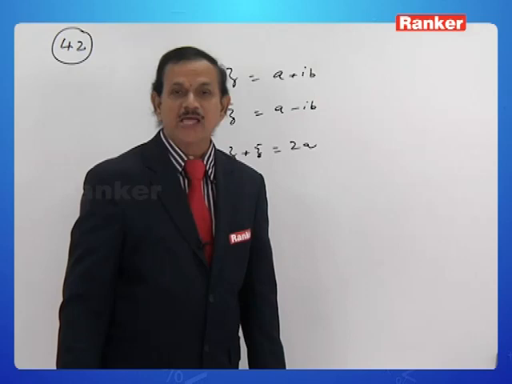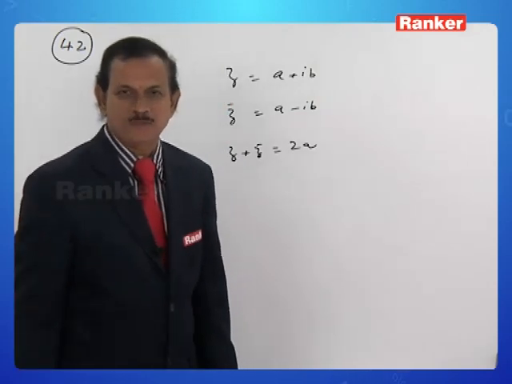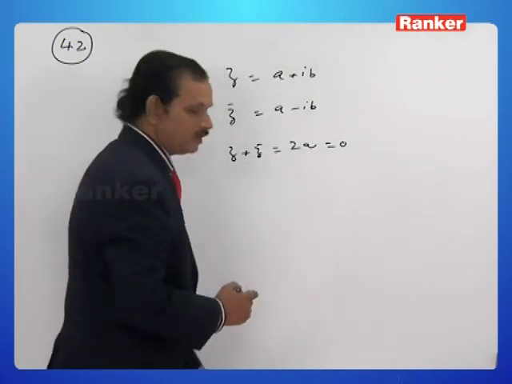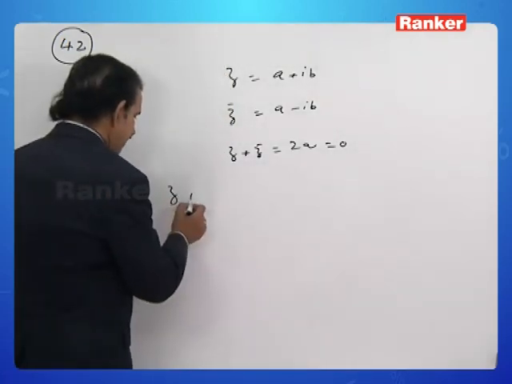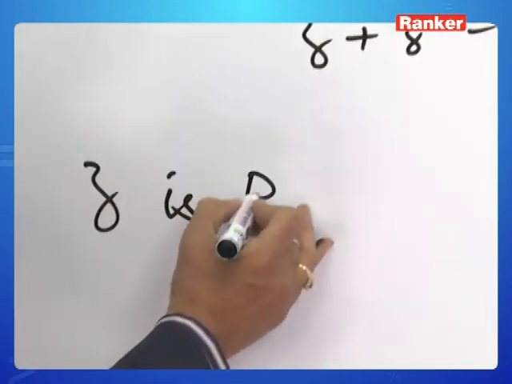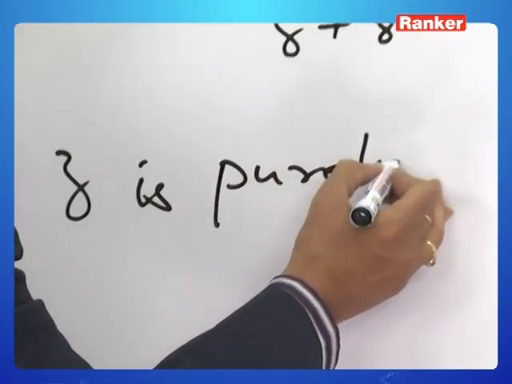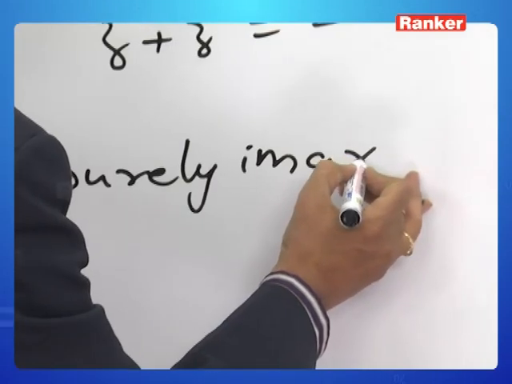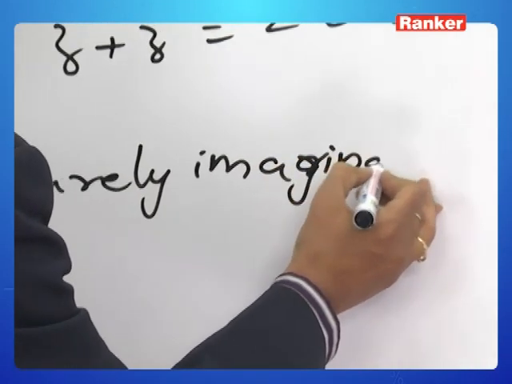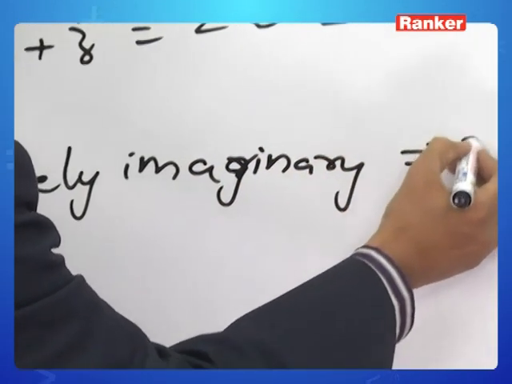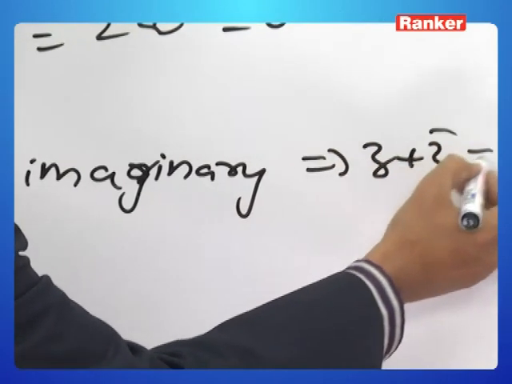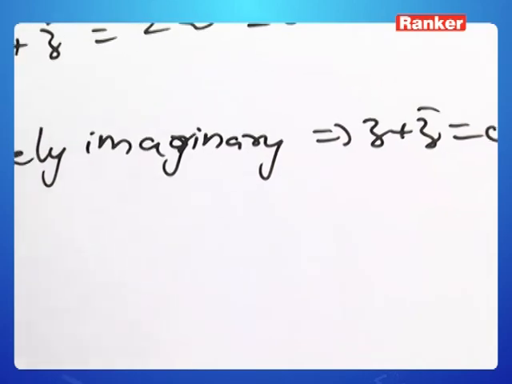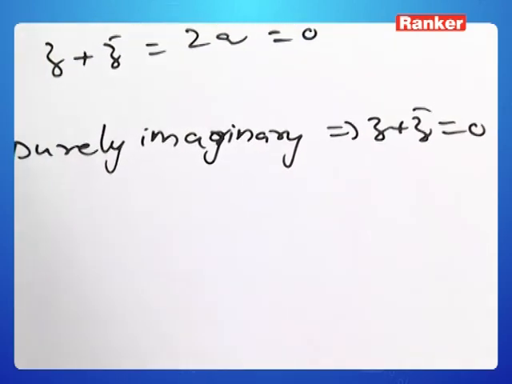That is, the real part of Z must be 0. Hence this is 0. Therefore, we can say that Z is purely imaginary implies Z plus Z bar is equal to 0. It is an easy matter to recollect that. For every complex number this happens.